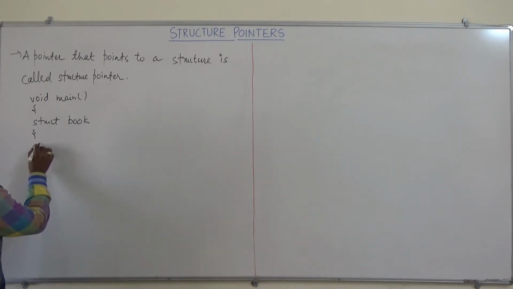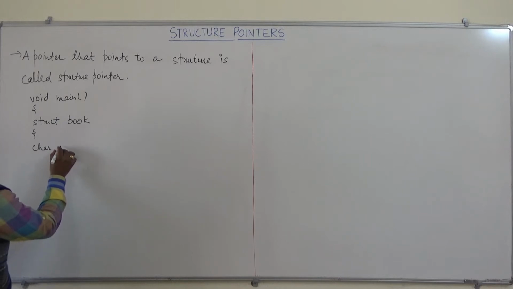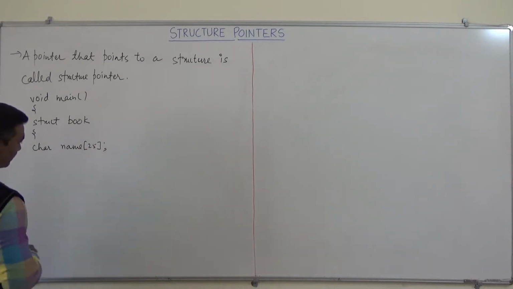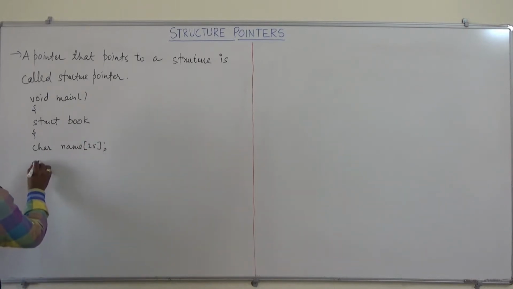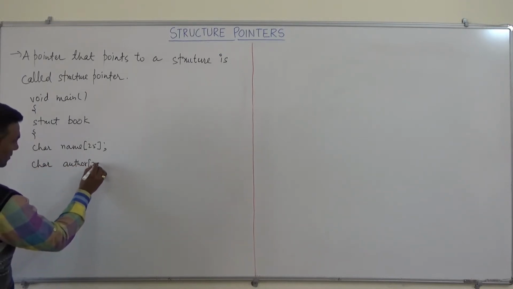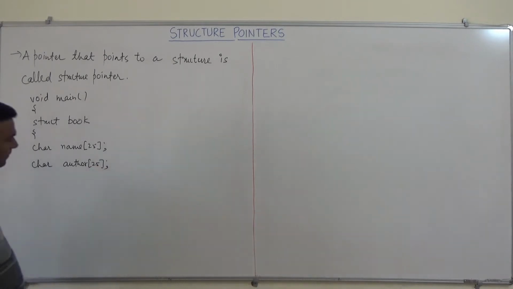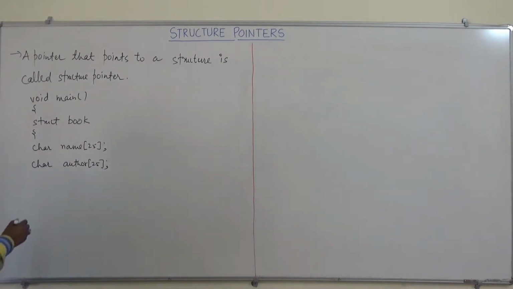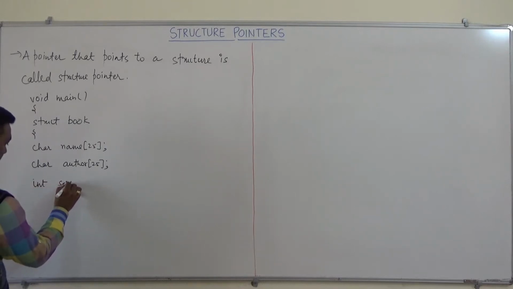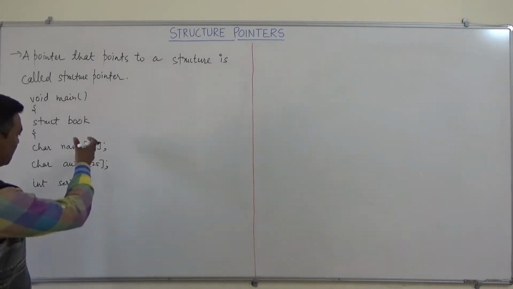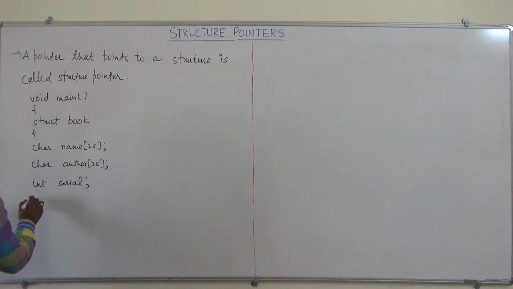So we can take name[25], this is the name of the book, and then its author name, this is also an array of 25 characters, and then its serial number, int serial. So these are the three members of this structure.